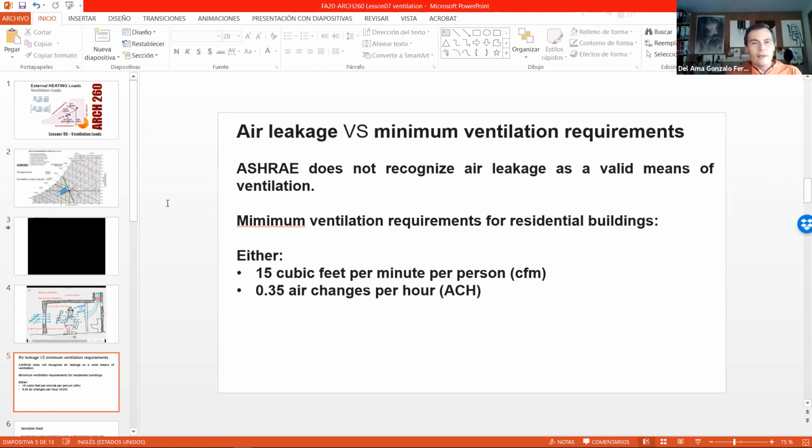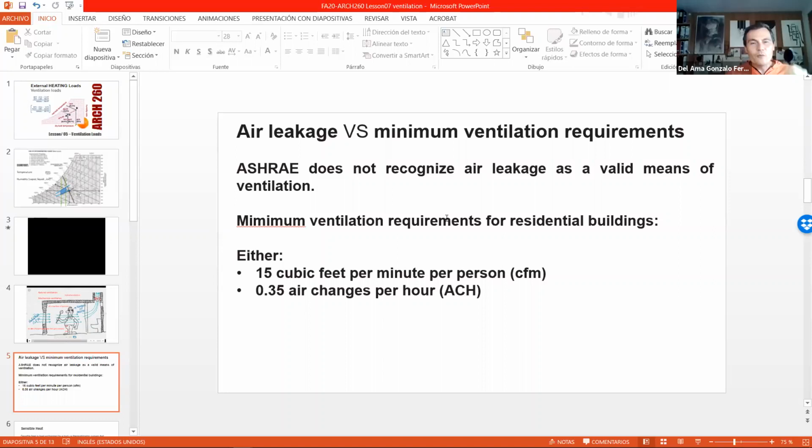You have to prevent air leakage. You place your hand in the window and see there's a lot of air entering. No, you have to fix this because this is not acceptable, and then you have to design the ventilation system.